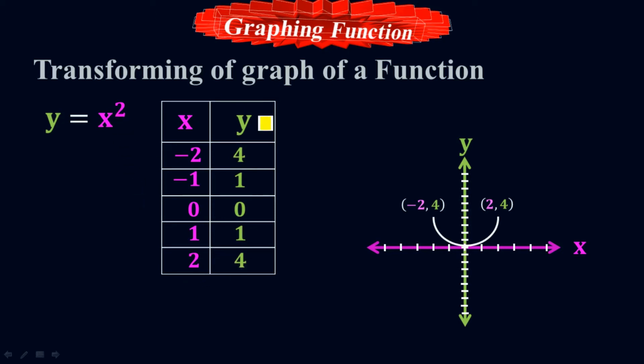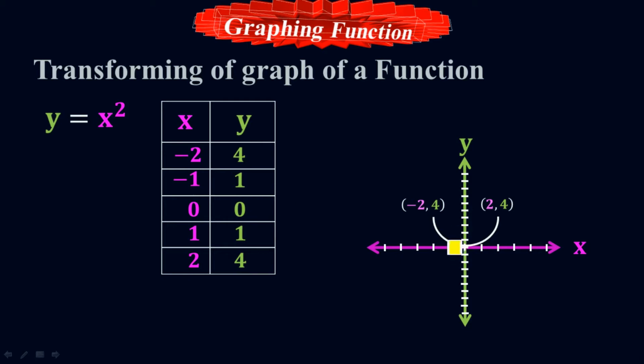Then I transferred this table into a graph in the xy plane, because I have only x, y values. These are my x values, these are my y values, so I need only the x-axis and y-axis. By putting x equals 0, my y was 0, so my first point was here at the origin, where x equals 0 and y equals 0.